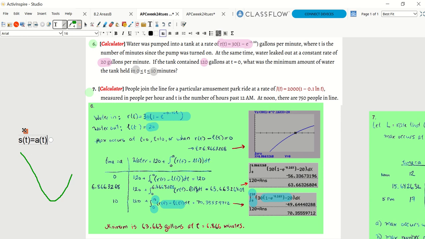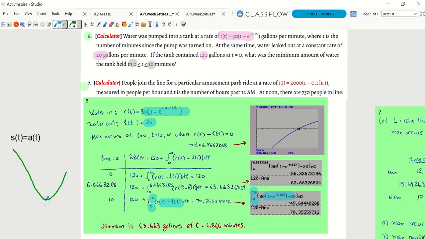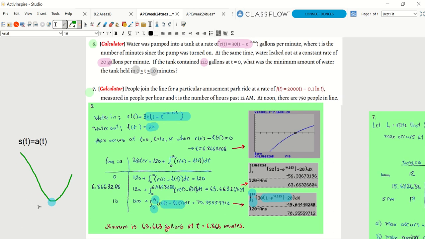And so if we just think of this as S of t, this right here is our minimum, which is at this location over here, your derivative is 0, or going back to position and velocity, this is where your velocity is equal to 0.